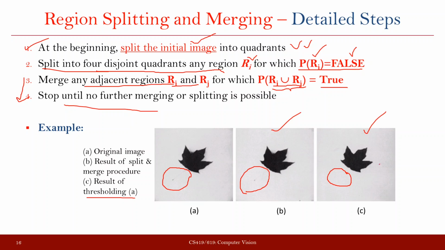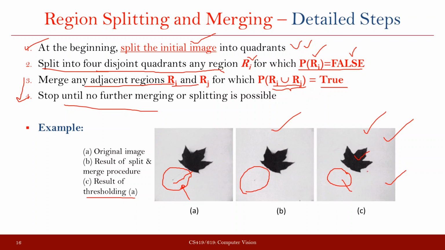The reason we are not able to get it in the case of thresholding is that the pixels making up this part are very few. So if you plot the histogram, you will find that these pixels will not have any representation in the histogram. In the histogram, mainly you will see the pixels from this region and from this region, and these pixels will have a very minor presence.